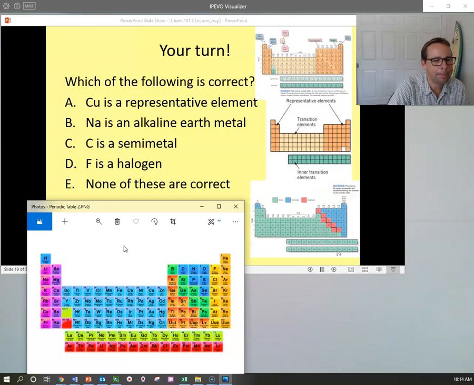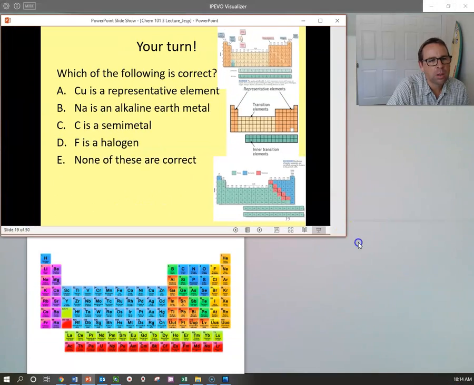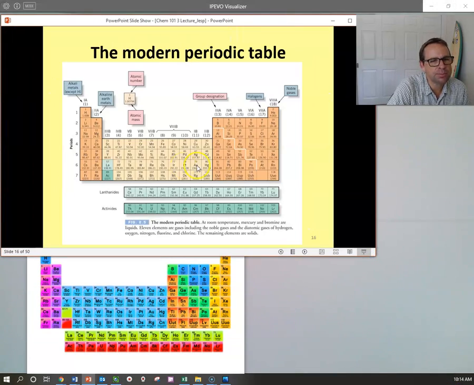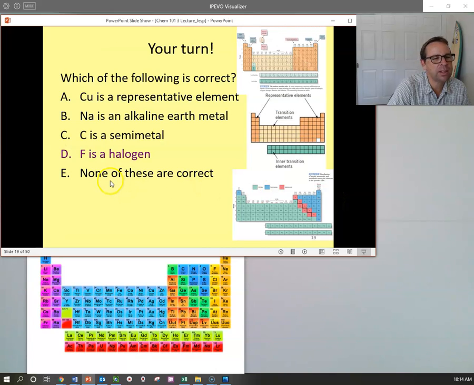Not right because it's not a halogen? Which column was the halogens? It was pointing to this one right here. It's too small to see for you probably. Let's go back and see which ones the halogens were. Oh, it is a halogen. Very good. So we found the answer.